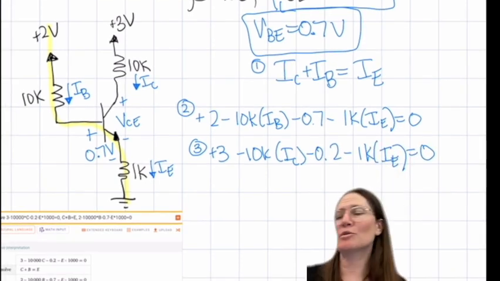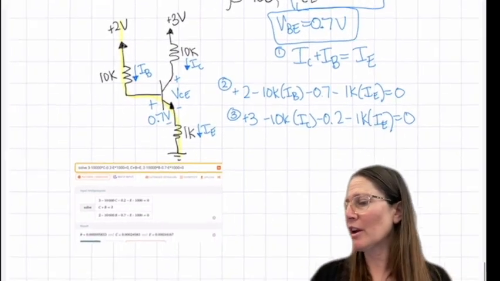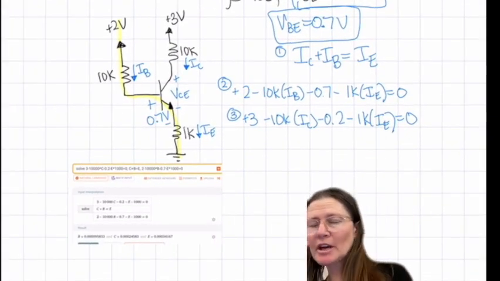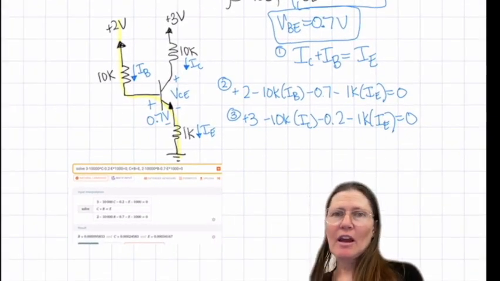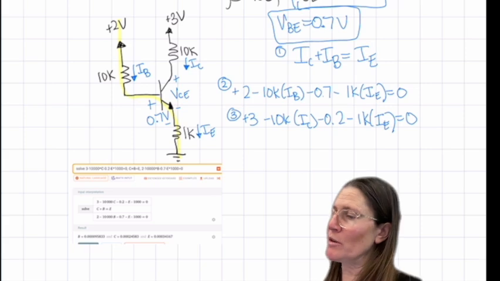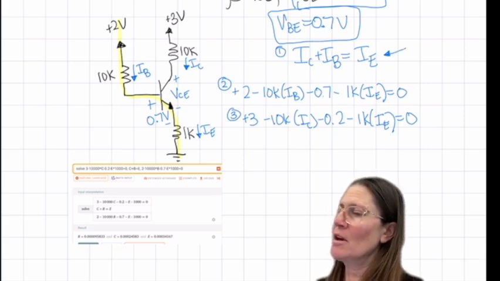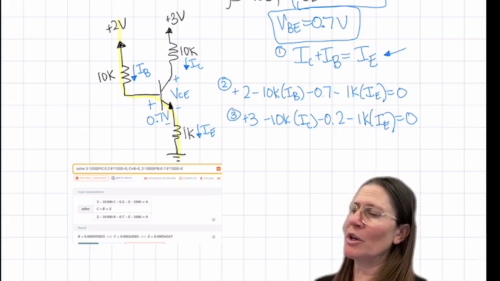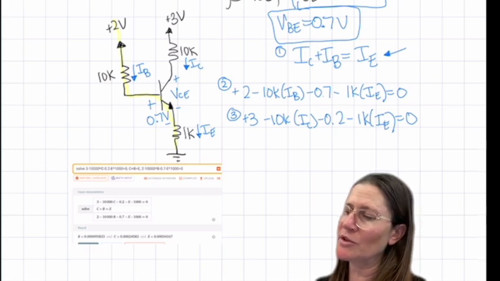All right, so you have three unknowns: IC, IB, IE. So you're going to use equation 1. And then you're going to use a loop through the base to the emitter.